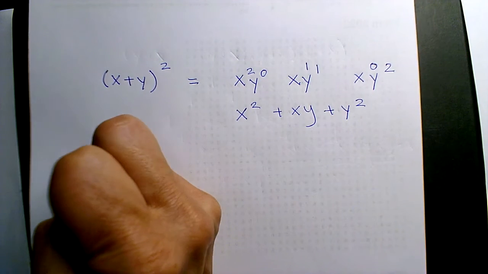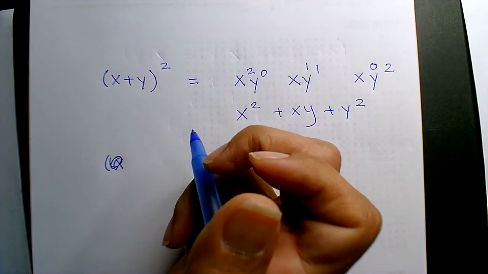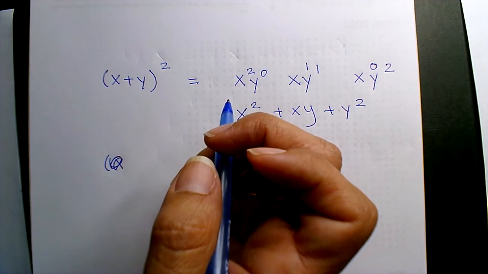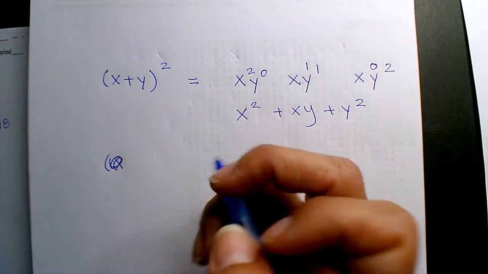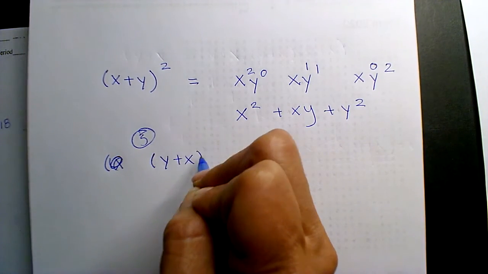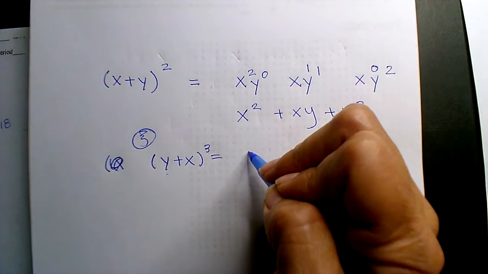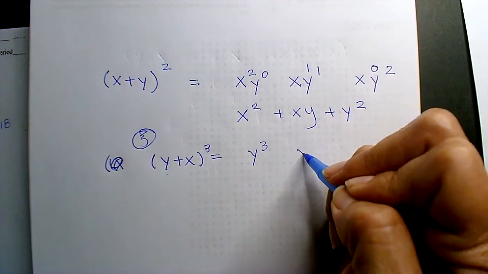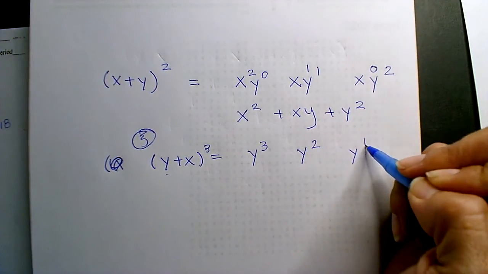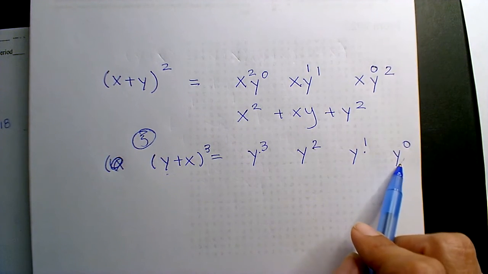So if you have, say, x, oh, well, this one, we did y. Did I do 5? Yeah, 5. All right, so if we look at the 5 that we just did, it's y plus x cubed. The first one starts at 3, and it goes downward. 3, 2, 1, 0.